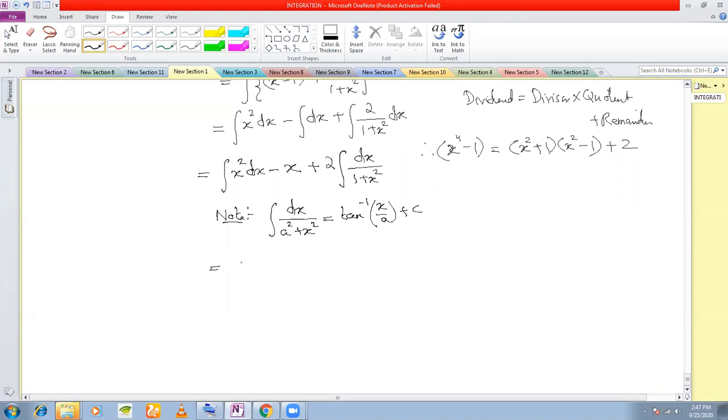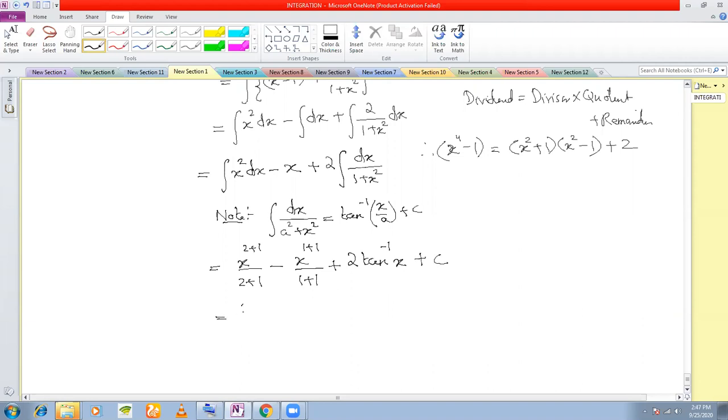So integration of x square is what? X to the power of 2 plus 1 by 2 plus 1. And integration of x is what? X to the power of 1 plus 1 by 1 plus 1, plus 2 times integration dx by 1 plus x square. According to this formula, a here is 1. So you simply get tan inverse x plus c.